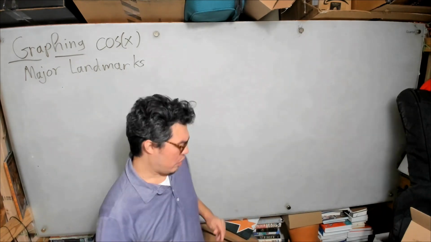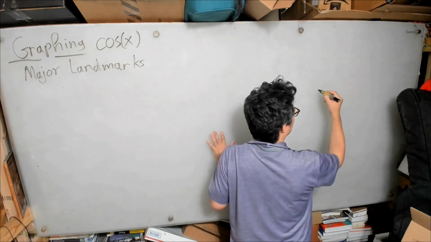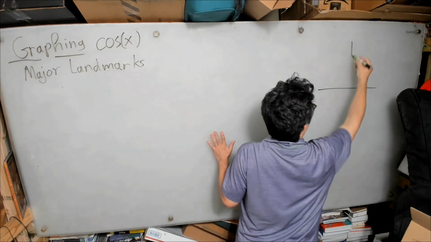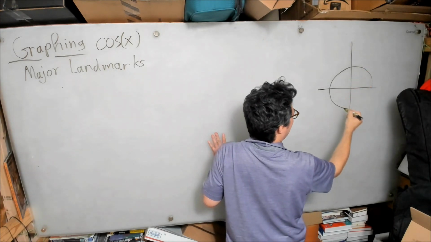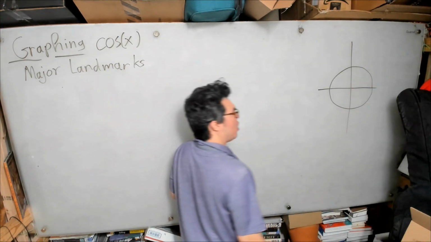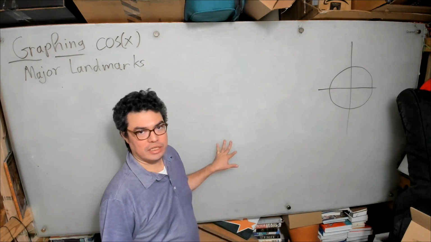Now I want to recap our unit circle. I want you to remember that the cosine corresponds to the x coordinate on the terminal side of an angle in standard position.